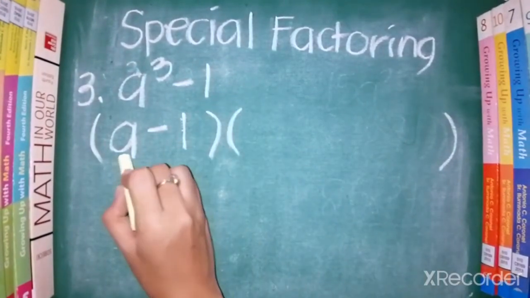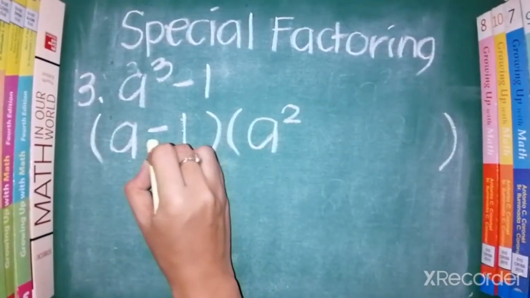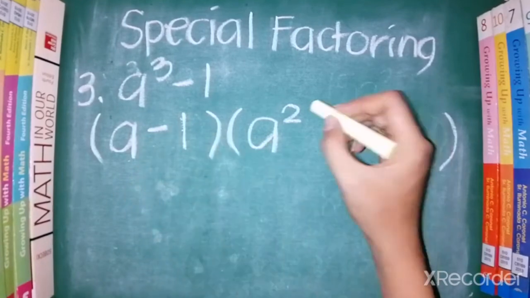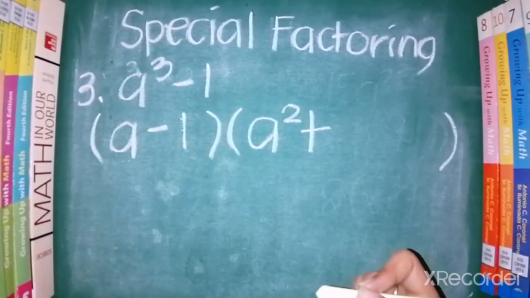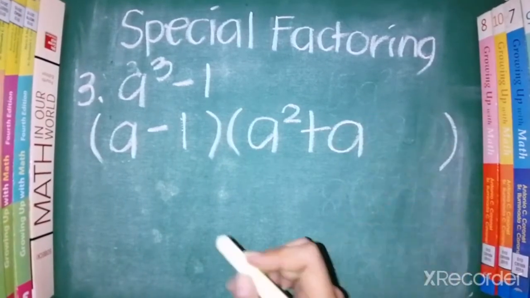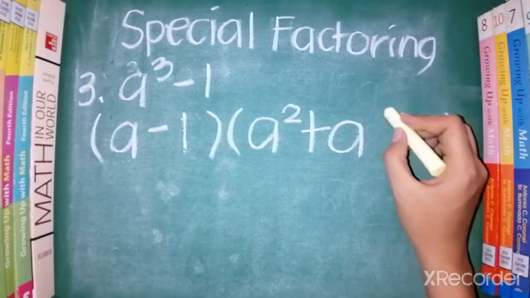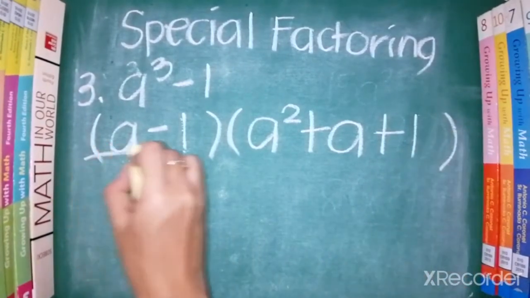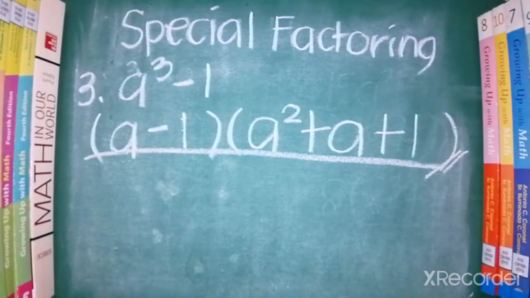Next is the square of a, that is a², and then the reciprocal of minus, that is plus, and then 1 times a, that is a, and then the square of 1, that is 1. So our answer is (a − 1)(a² + a + 1).